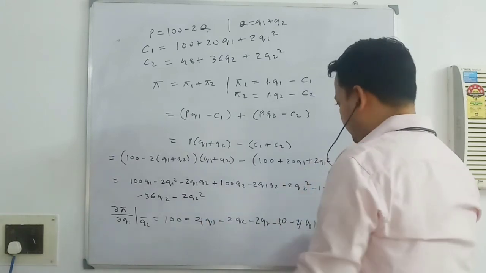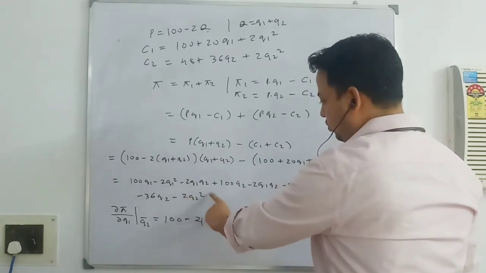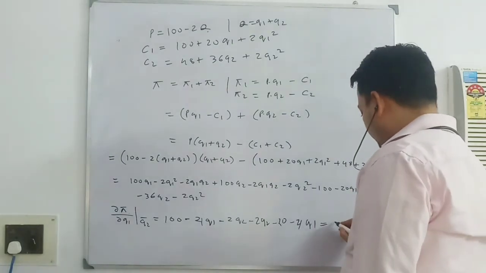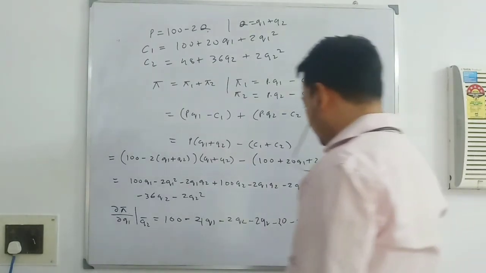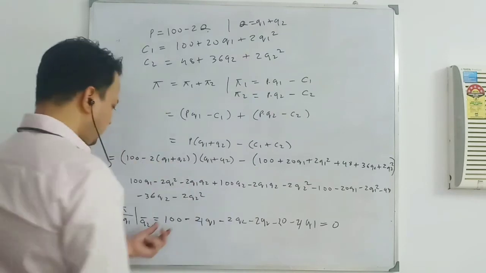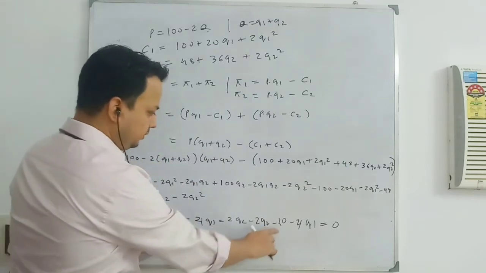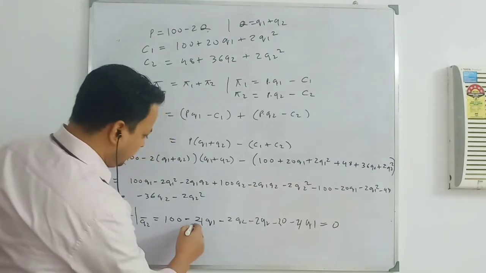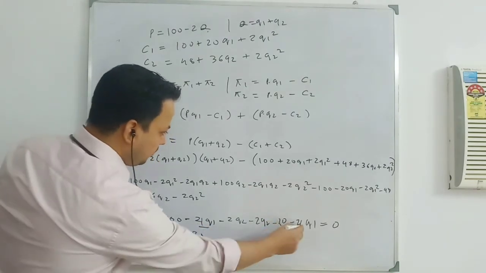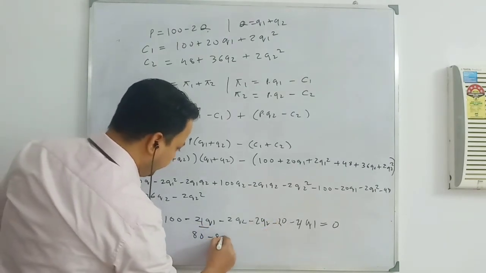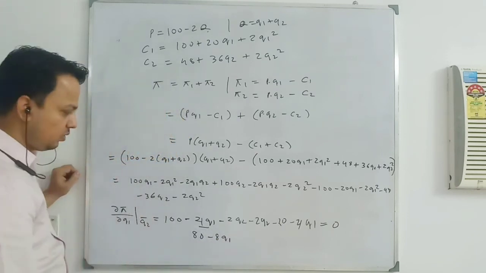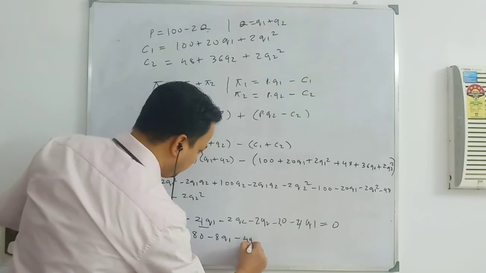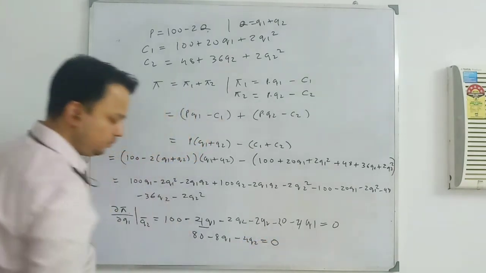Minus 2 q2 square, both are constant, it will be 0. So put it equal to 0. What do we get? 100 minus 20, how much? 80. Then minus 4 q1, minus 4 q1, minus 8 q1. Then minus 2 q2, minus 2 q2, minus 4 q2 equal to 0.